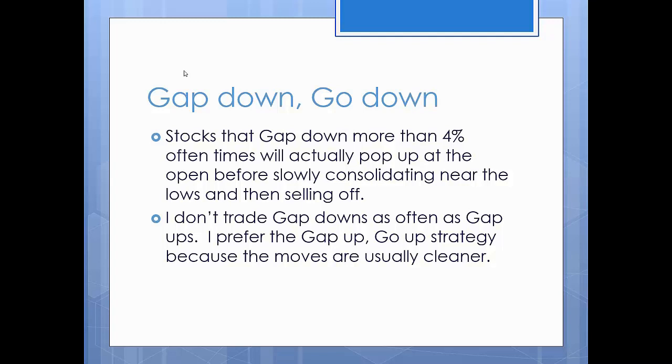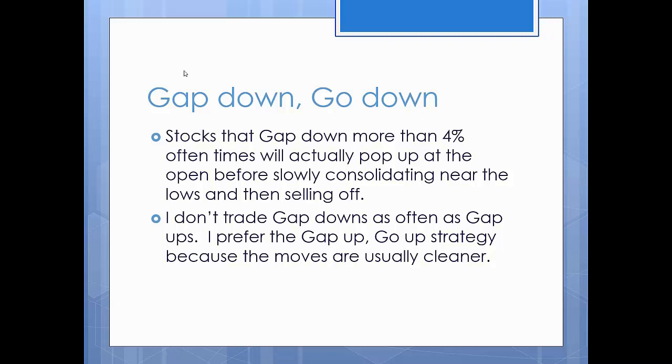Okay, so a big gap down, honestly, there's a lot of times where I look at these as buying opportunities because the stock is now so cheap. And I just have a general long bias on the market, so that's part of the reason that I look at it like that. But stocks gapping down more than 4% can actually be a buying opportunity. But in general, I try to trade with the trend.